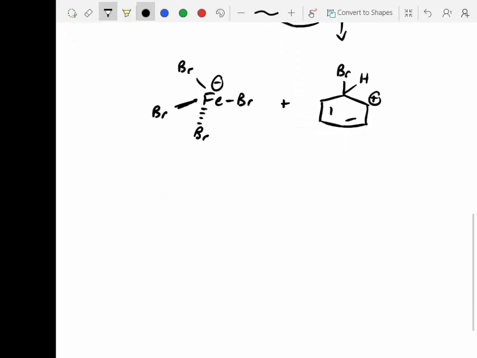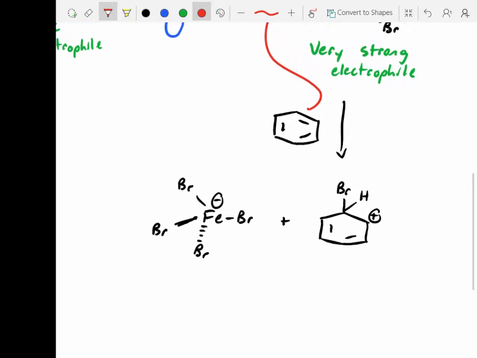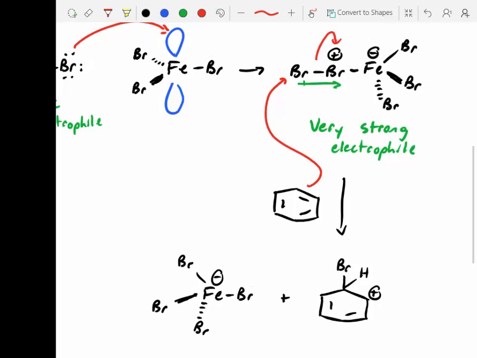So we've formed our sigma complex, but we don't have aromaticity yet, and we don't really have a base yet. So this next reaction looks a little bit weird. In the next reaction, we're going to actually use the iron complex as a base. So this bromine will come over, grab this proton, clamp down, and will restore aromaticity to the molecule.